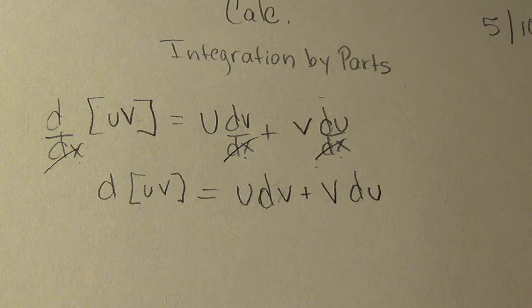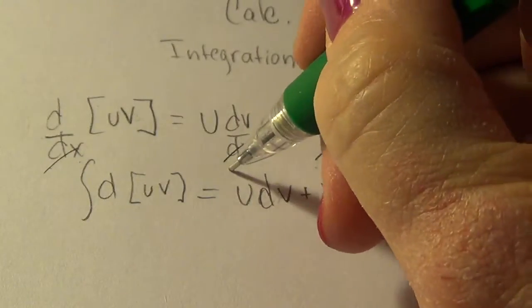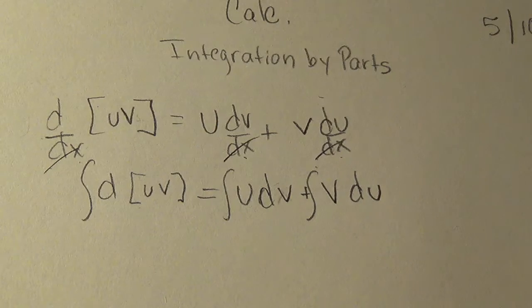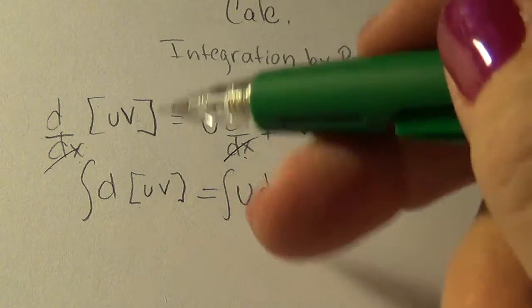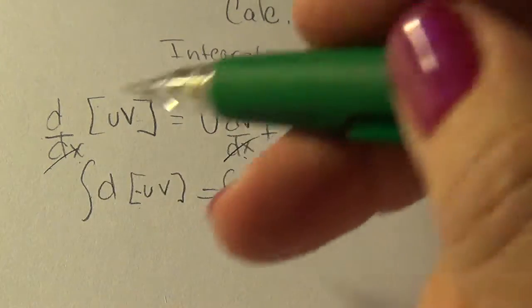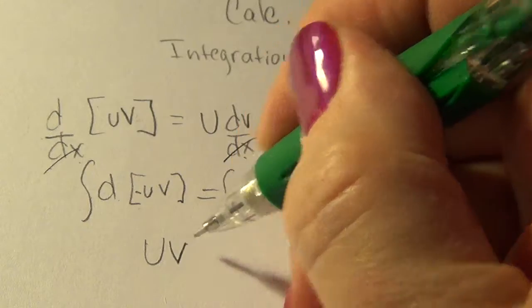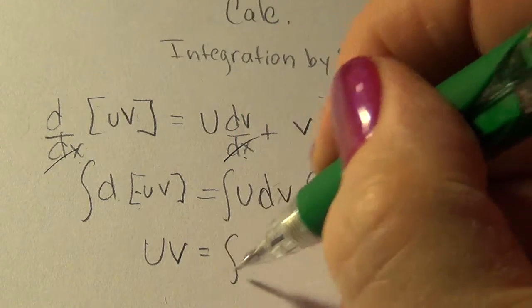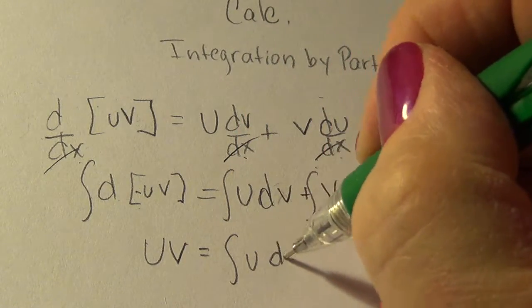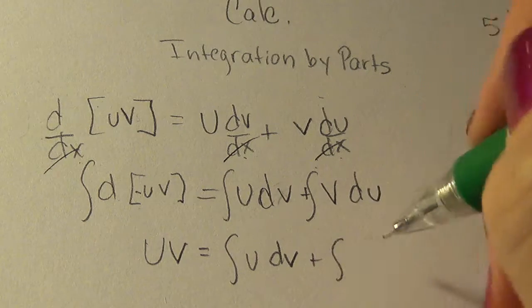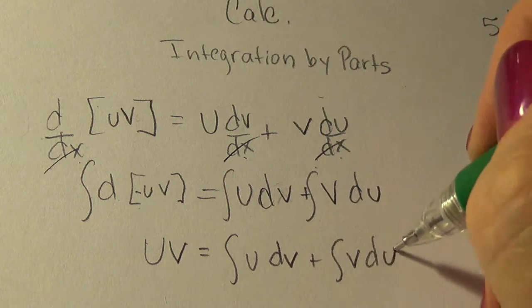Now I'm going to continue by taking the integral. The integral of a sum is the sum of the integrals. On the left we have the integral of a derivative, which is just uv, and here we have the integral of u dv plus the integral of v du.